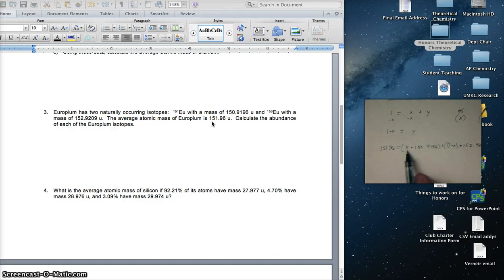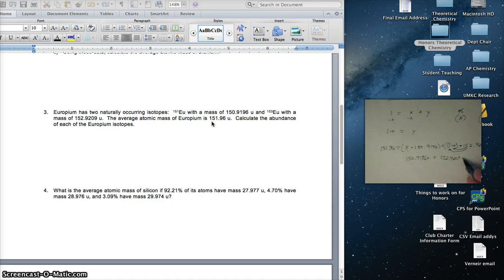Well, a number times x is that number x. And that's going to be added to, we need to distribute here. We're going to have this number times 1 subtracted by this number x. So 152.9209 times 1 is 152.9209.